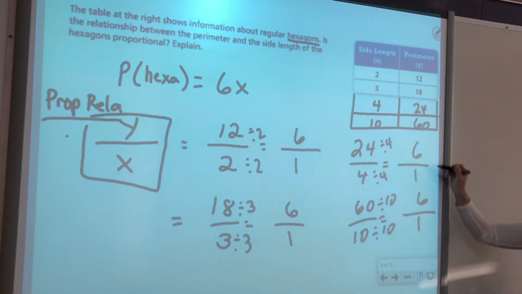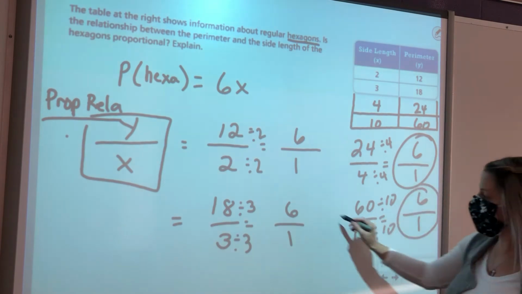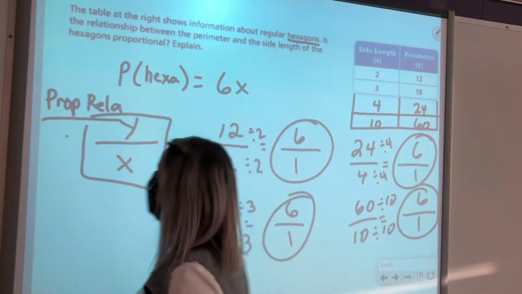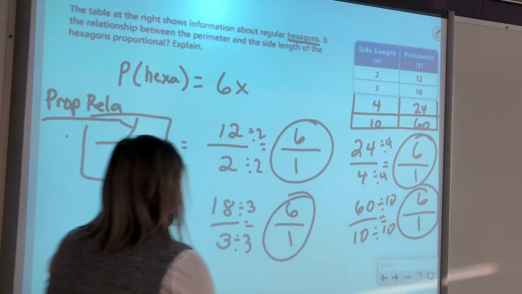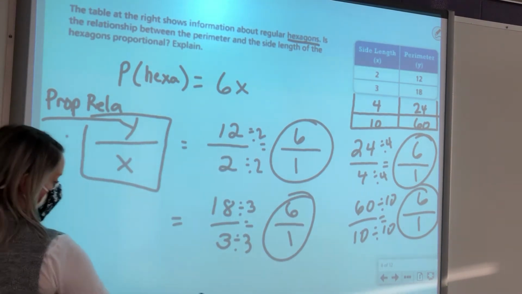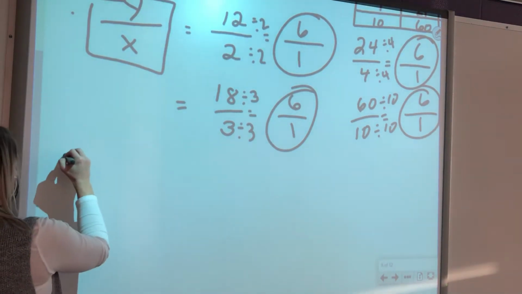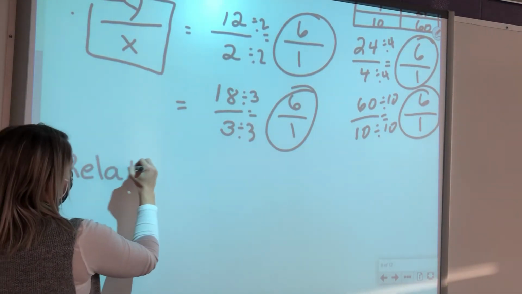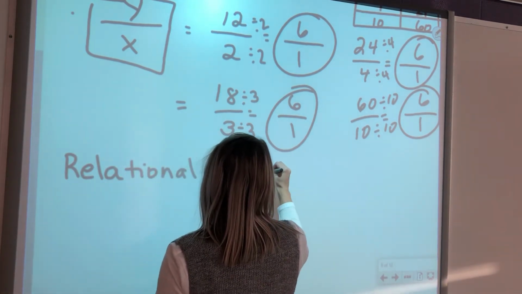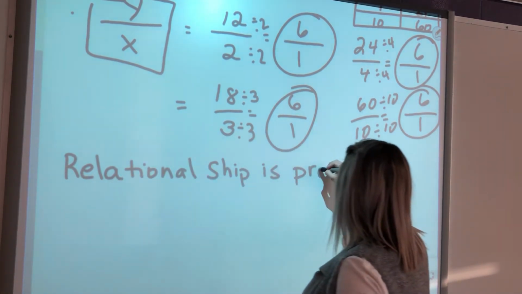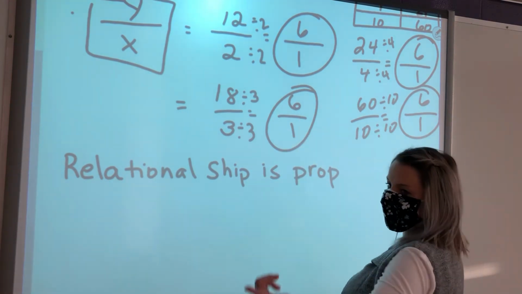Yes, this relationship is proportional. It's proportional because all of the ratios are equivalent. What if we did a million? Is that still proportional? Yes, because we have our equation of 6 times x.